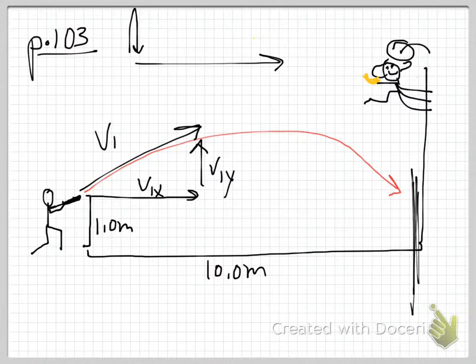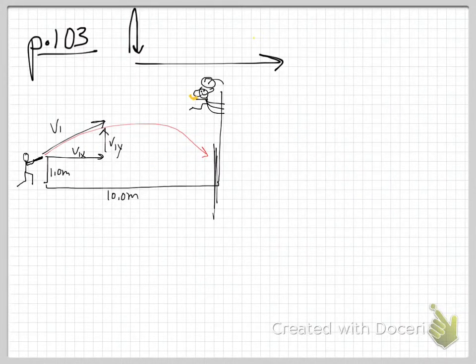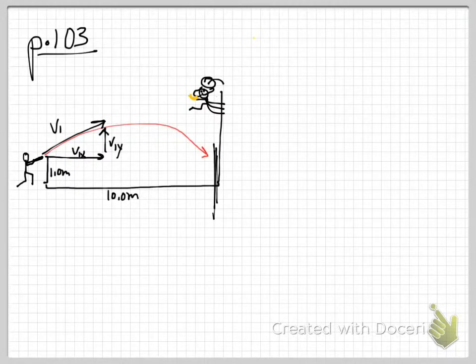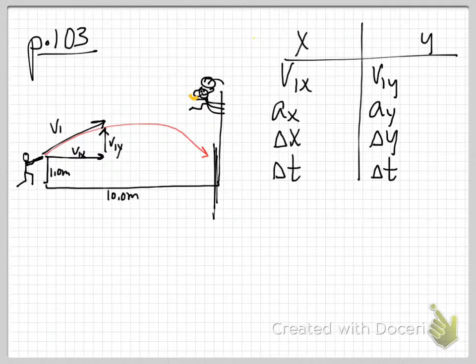So we have an x and a y velocity. The first thing we want to do is, of course, list our variables on each axis. So I'm going to shrink this and get rid of that. For VIX and VIY, we're going to create expressions.